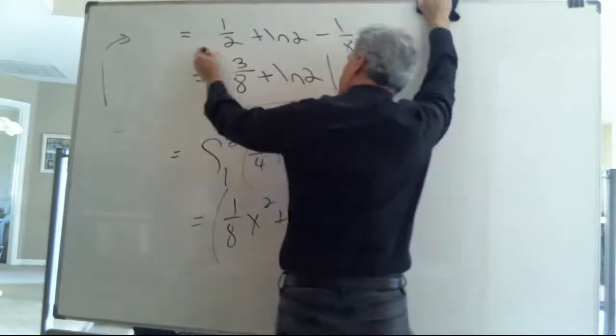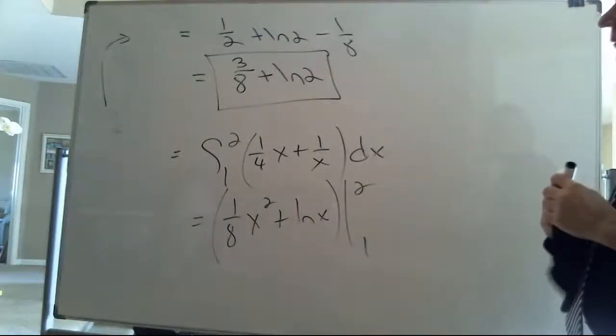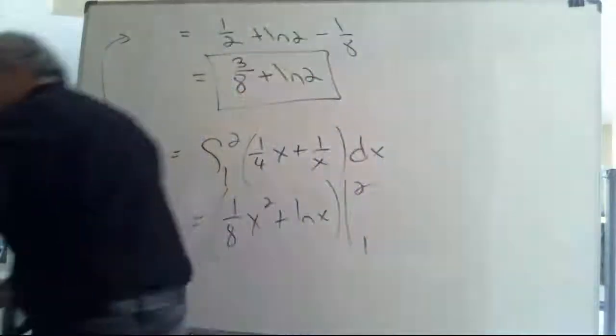Isn't that beautiful? We have just computed the exact length of the curve of the equation I initially gave you over the interval from 1 to 2.